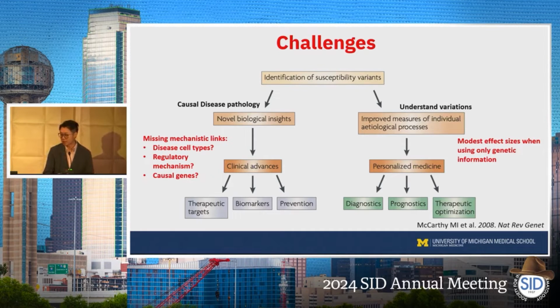On the second goal, as I mentioned, the effect sizes are really modest. So you could imagine the number of individuals in the second study would be much smaller than in the case-control study on the left. That's why utilizing multi-omics information to enhance the interpretation of the genetic data is really key.